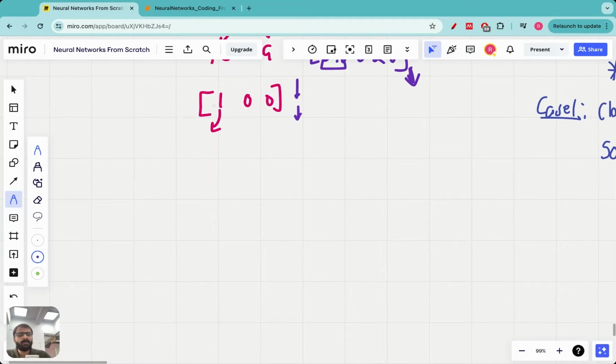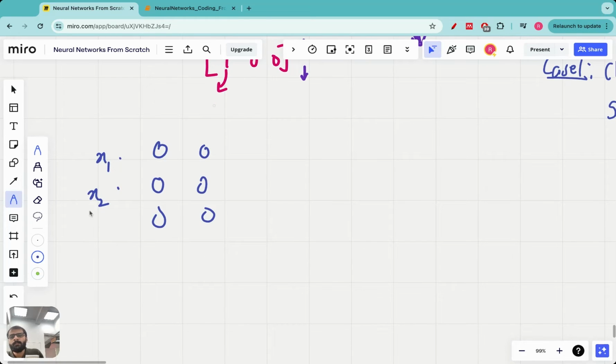So the simplest way to do this is, let's say we have an input x1, x2, the first layer and the second layer. If the input is 100, which means red, we only need to look at the output of this neuron.